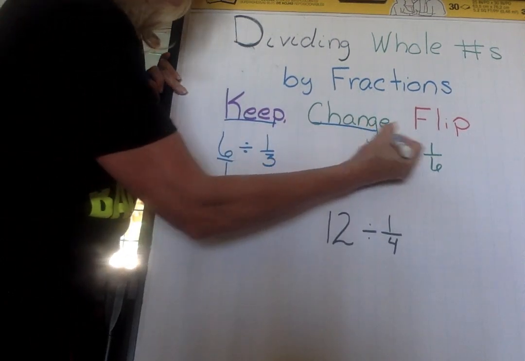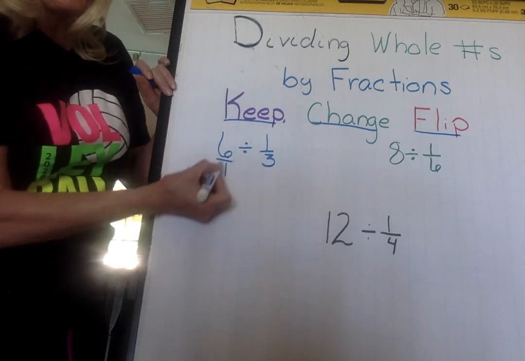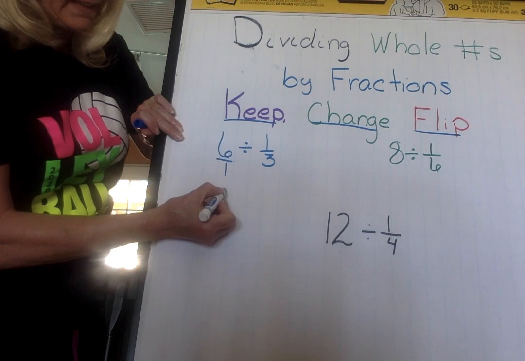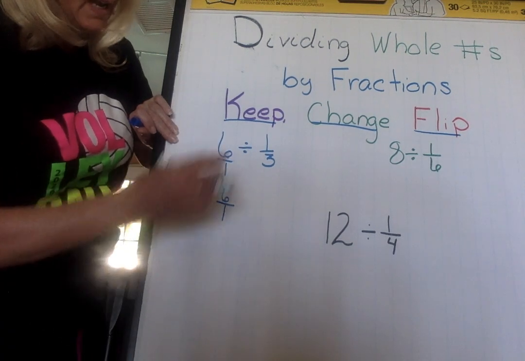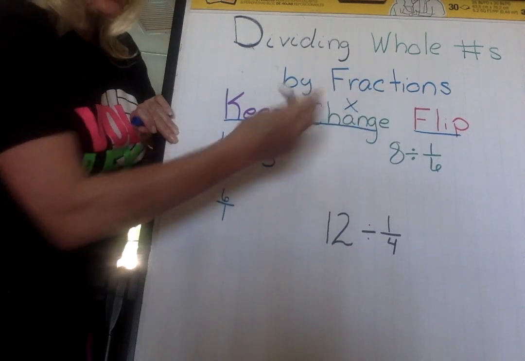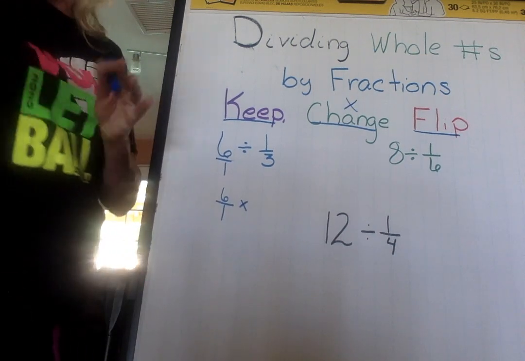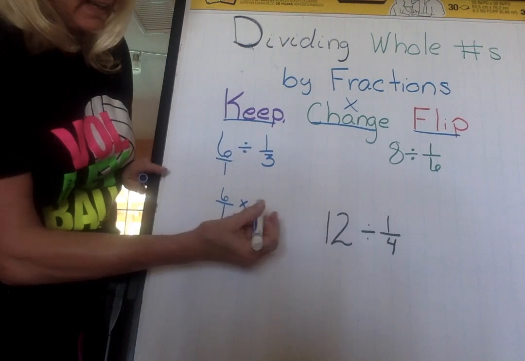Okay? Now, remember our strategy. Keep, change, flip. So we're going to keep whatever's first, our dividend. Okay? So that's going to stay the same, 6 over 1. I'm going to change division to multiplication because I'm going to create more pieces. And then I'm going to flip my second fraction.